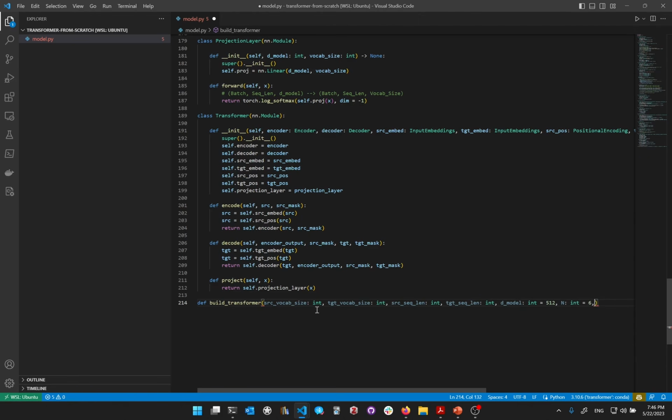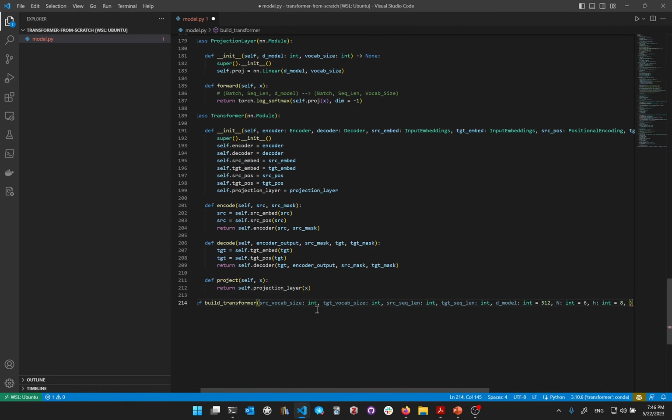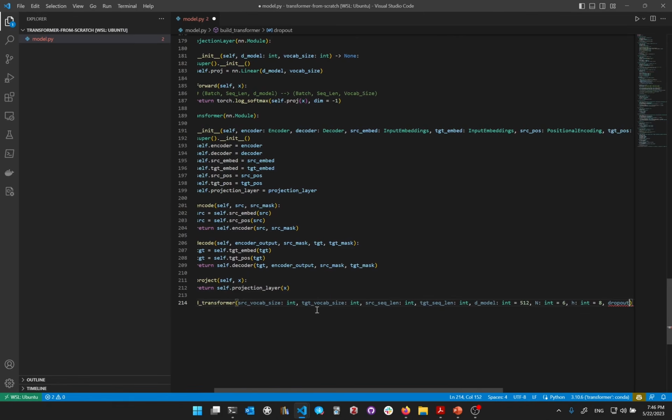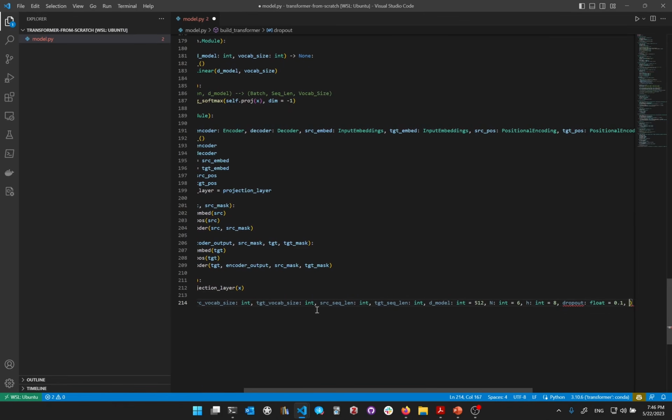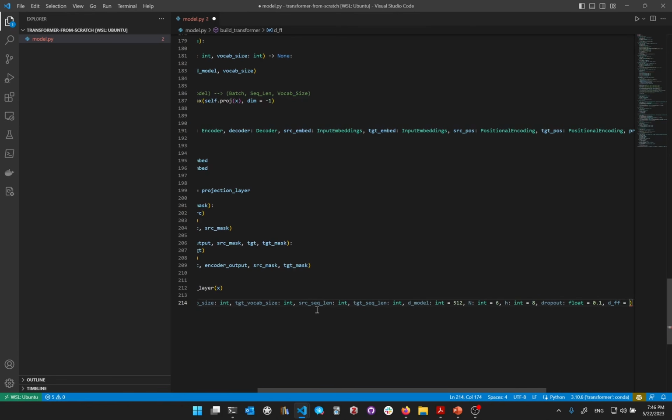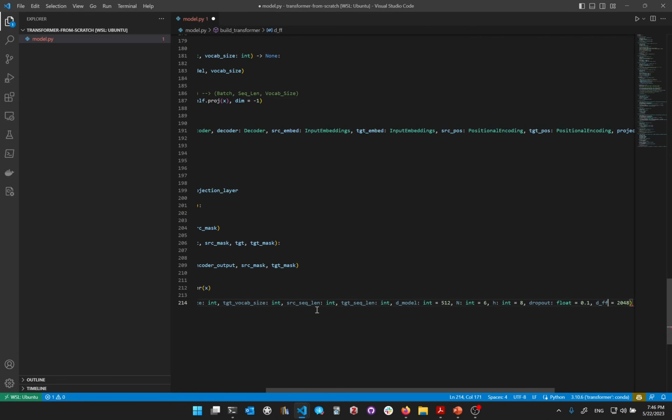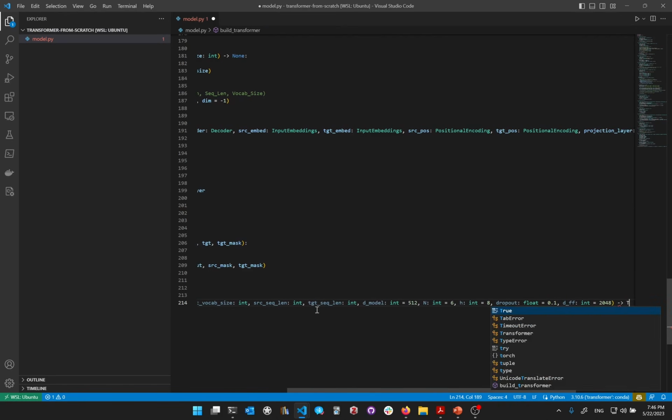Then we define the hyperparameter H, which is the number of heads we want, and according to the paper it is 8. The dropout is 0.1. And finally we have the hidden layer, DFF, of the feed forward layer, which is 2048, as we saw before on the paper. And this builds a transformer.